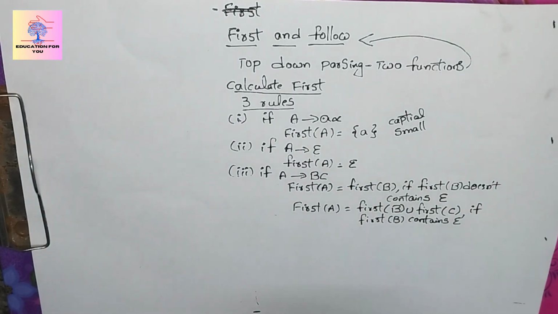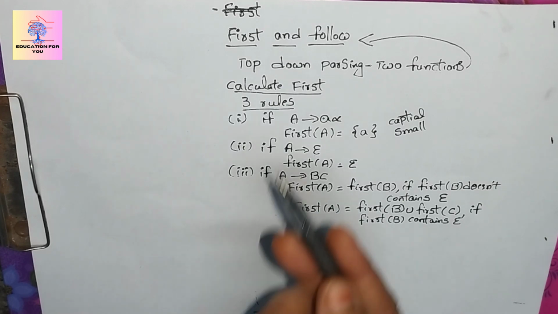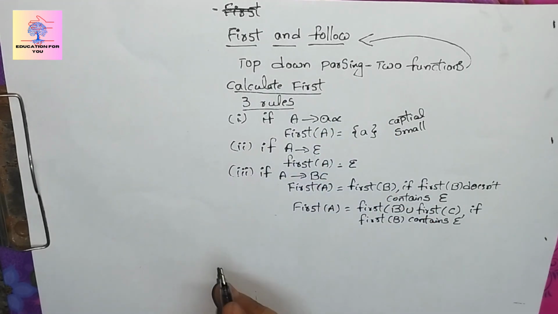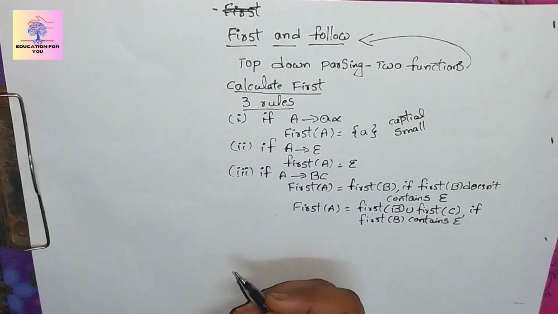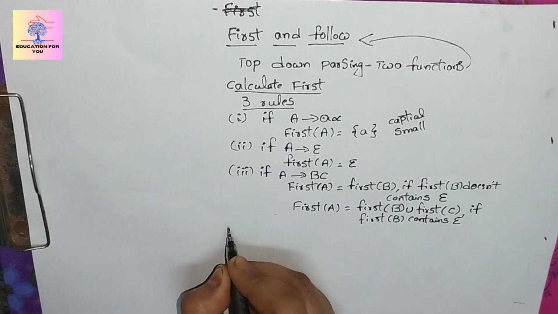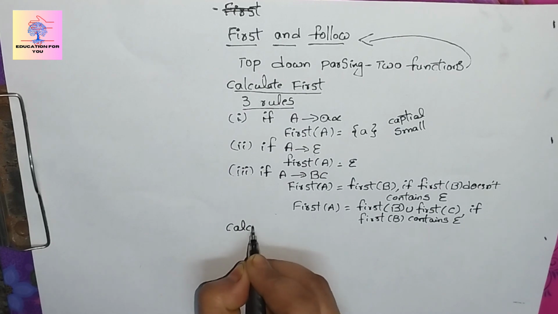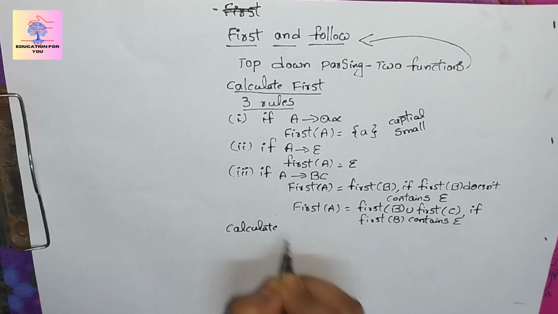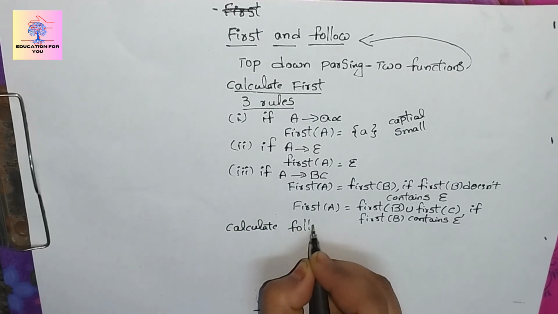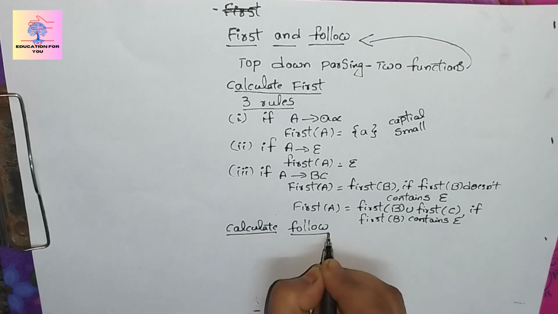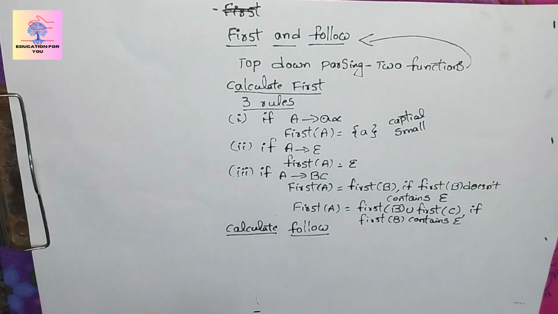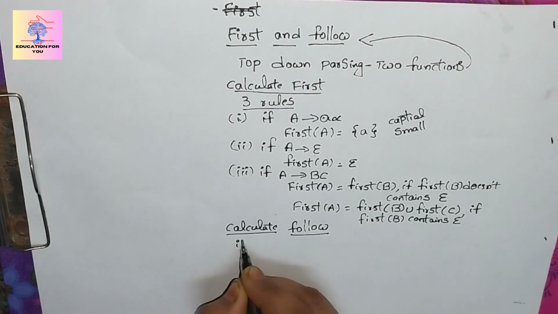Before going to discuss that example, we have to calculate the follow also. Like first, we have some rules for follow also. So now our next topic is calculate follow. What is the first rule here?